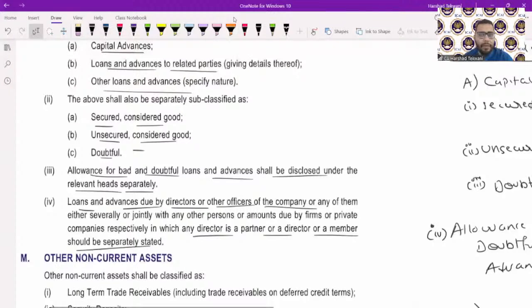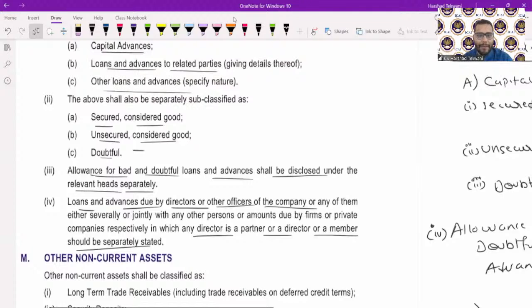Any doubt, guys? I think on capital advance, as I told you, you can consider it an advance given for a fixed asset or for some capital item or a non-current item. It is related to a non-current asset, and it's an advance you have given for any non-current asset.